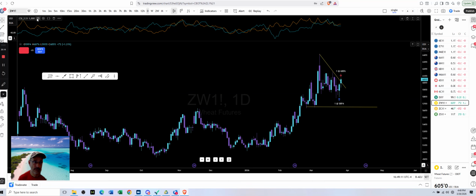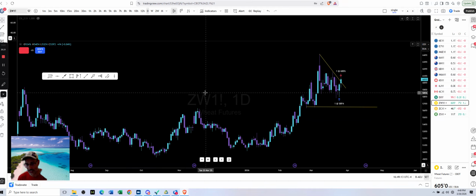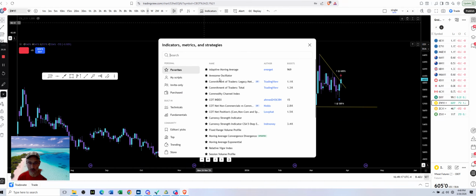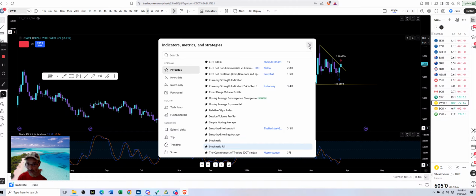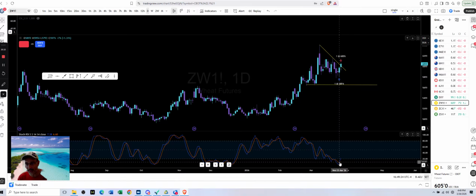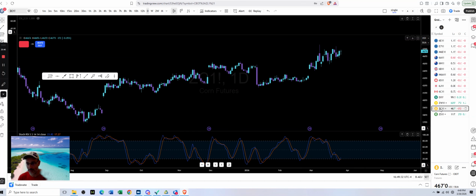Let me just turn it off for a second. What I use here is the stochastic RSI. I know I deleted it when I was showing you that other indicator, but this was the entry that I took on this one, and this is where I got out. So I'll wait, price eventually will pull back, and then I'll look to re-enter this. Bottom line, I did not take any grain trades today.